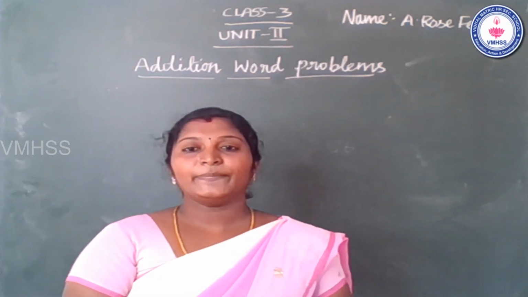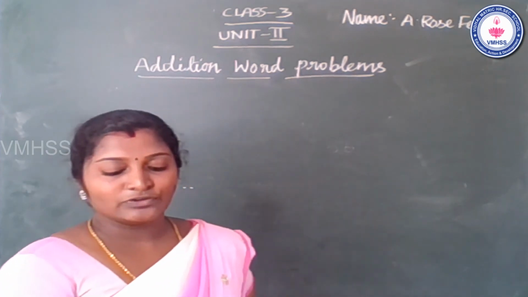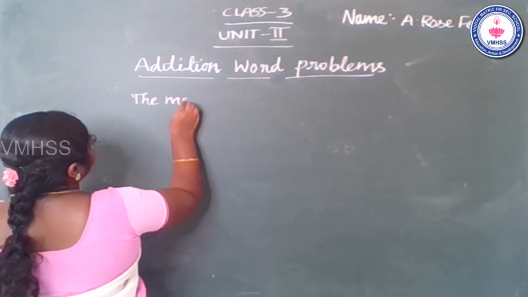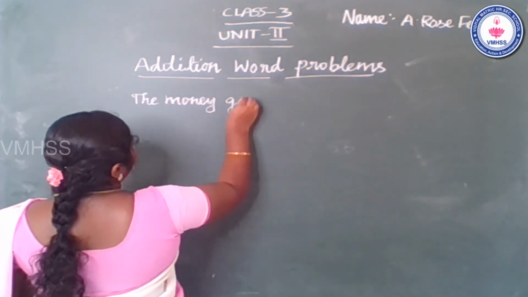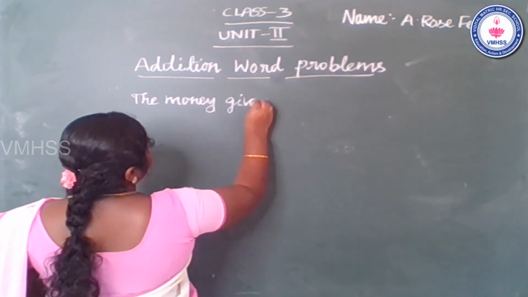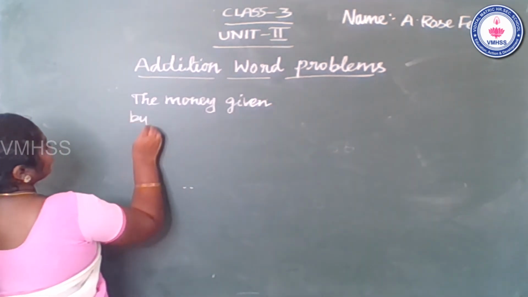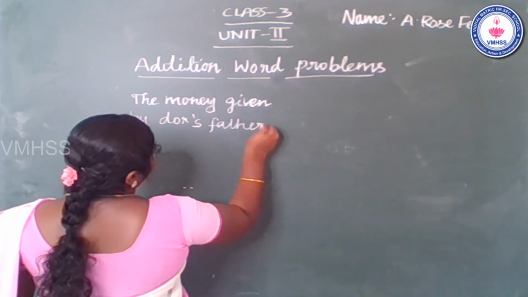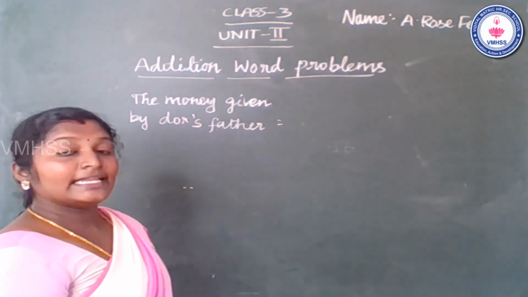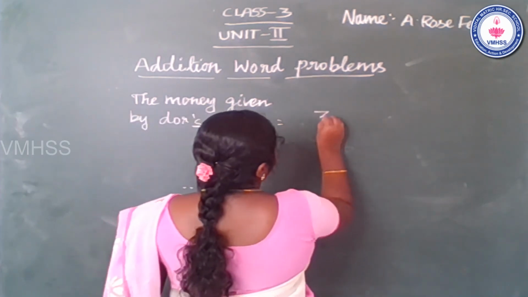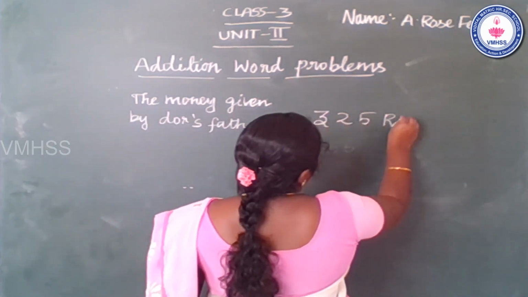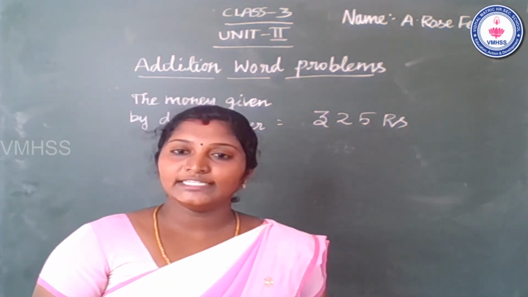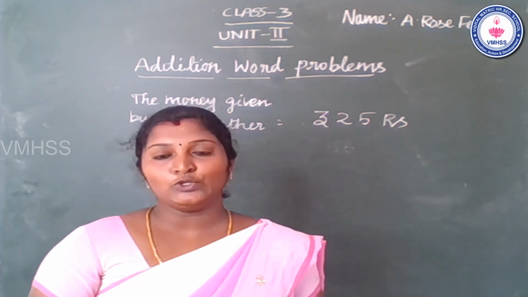So Dora got rupees 325. First, the money given by Dora's father. How many rupees? 325 rupees. Students, what is the second line? You read the second line. Her father and 222 rupees.